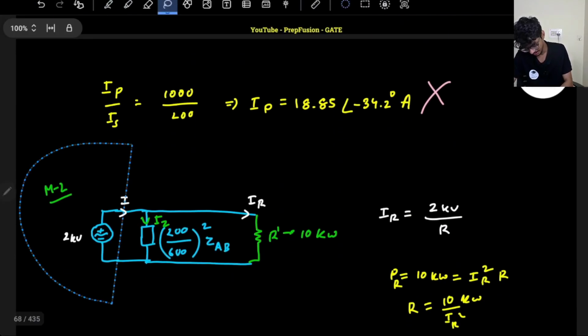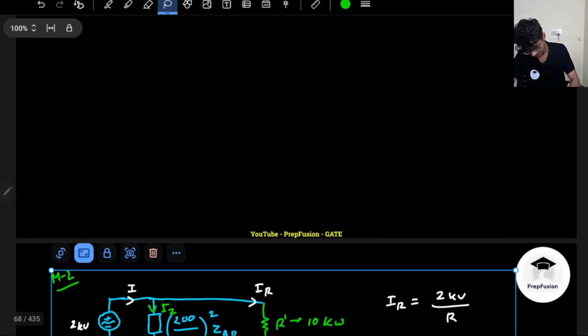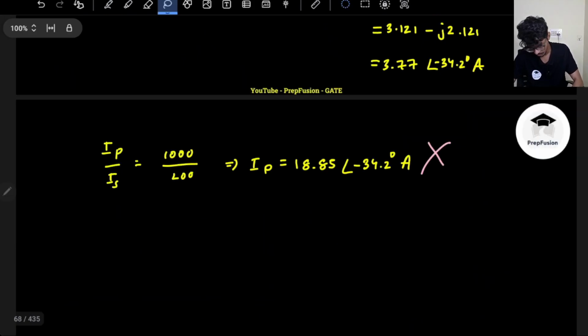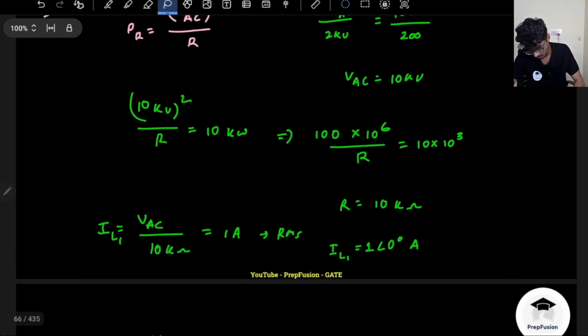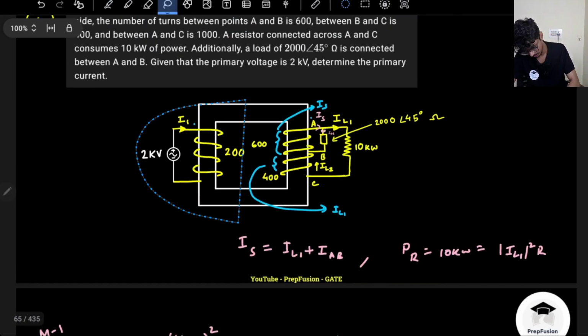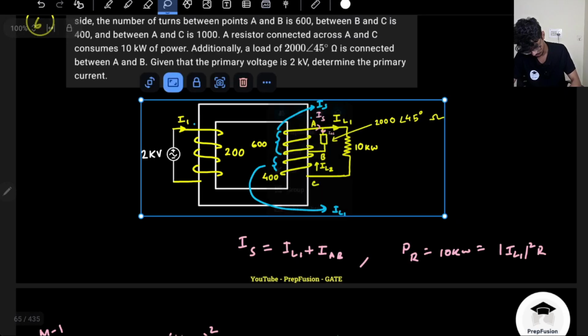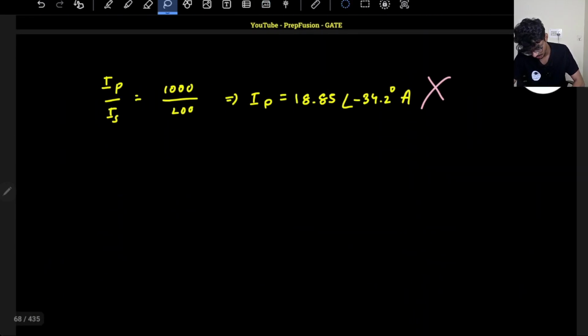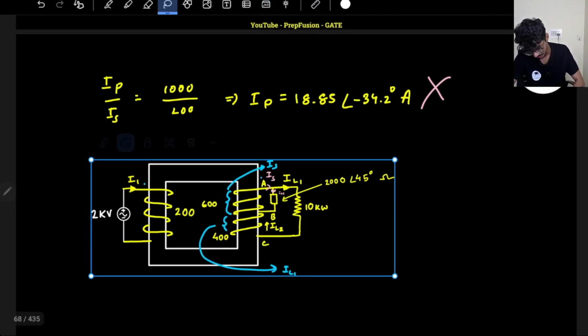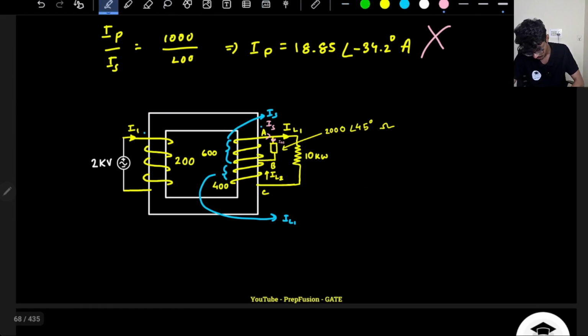So now here, what we have to do is the MMF balance equation, or otherwise I will show you directly how you can write it without writing the MMF equation. To write the MMF balance equation, initially this is an ideal transformer, so let's assume IM current is almost equal to 0.